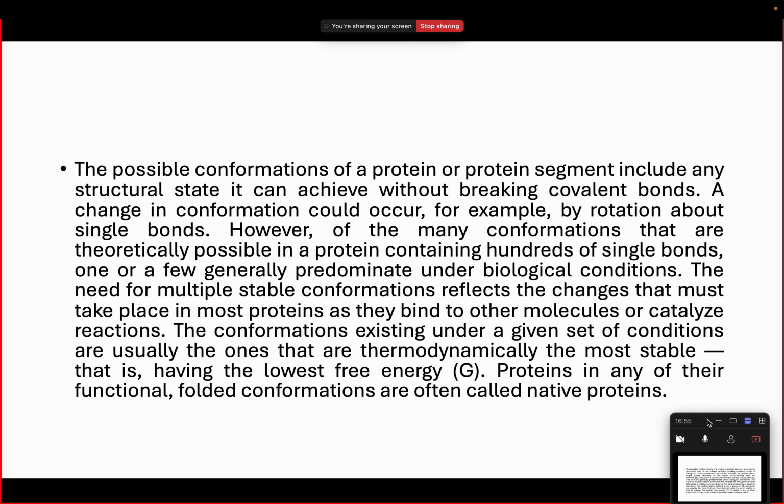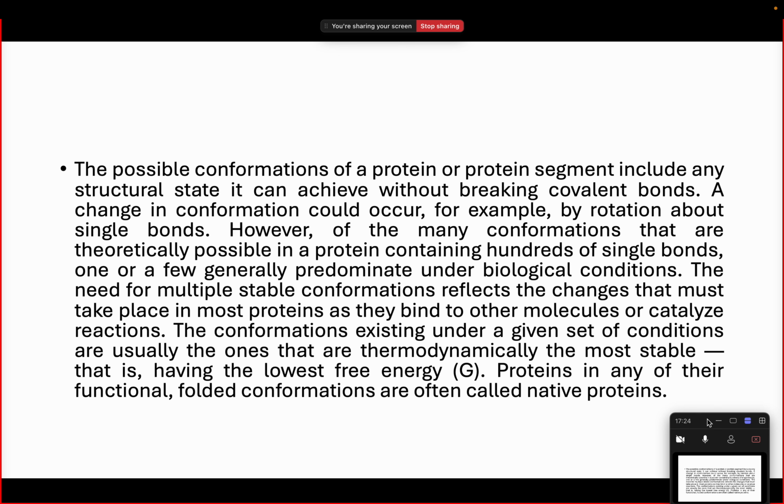The possible conformations of a protein or protein segment include any structural state it can achieve without breaking covalent bonds, right? Because if you break the covalent bond, the polypeptide will break and hence it won't be a protein anymore, right? A change in conformation could occur, for example, by rotation about single bonds, as just now we have seen in the video that both phi and psi bonds have the ability to rotate and move, right?